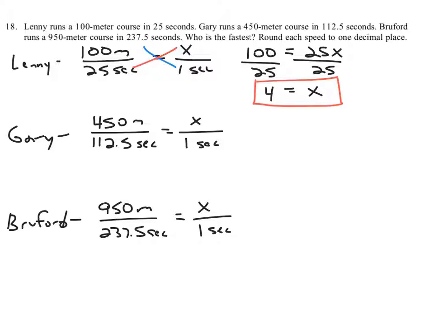Okay. Let's keep going. We can say this times this equals this times this, or 450 is equal to 112.5x. And then dividing both sides by 112.5.